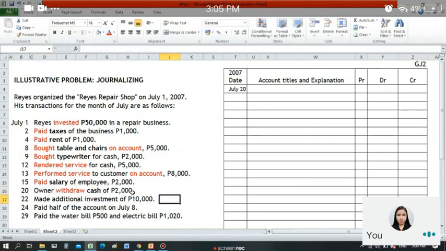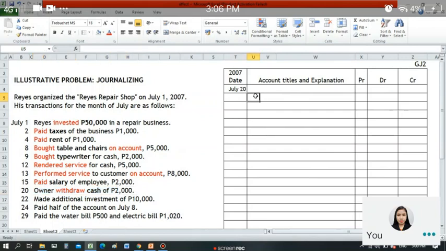In this transaction, you must analyze it carefully. We are in the point of view of the business. So if the owner withdrew cash from the business, what happened with the cash of the business? Is it increase or decrease? Nag-withdraw sa'yo si owner, meaning you decrease your cash.